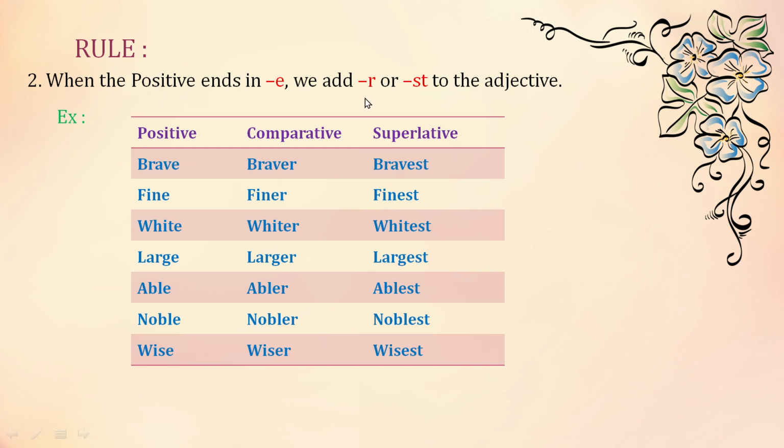Here we are not adding ER and EST. We are simply adding R and ST as E is already existing in the word at the end. For example, brave, braver, bravest, fine, finer, finest, white, whiter, whitest, and it goes on.